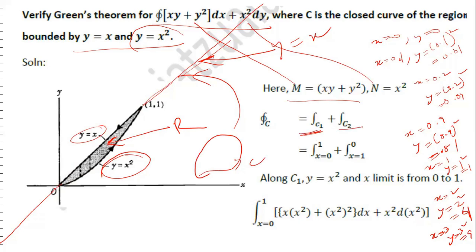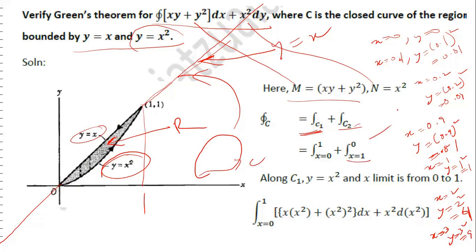As you travel from this point to this point along y equal to x squared, the x value will change from 0 to 1. And from this to this, you are coming back, so x goes from 1 to 0.